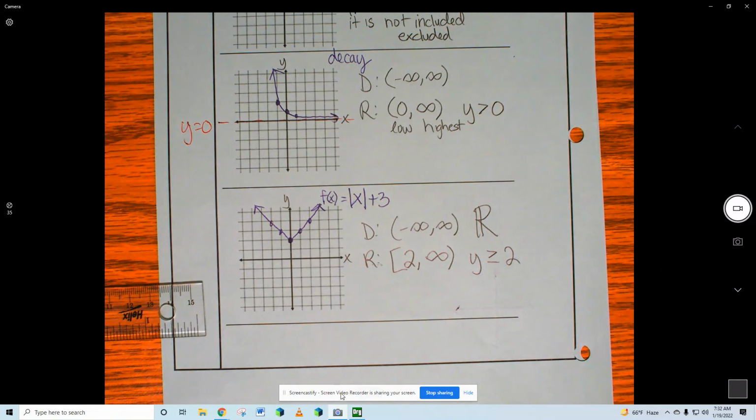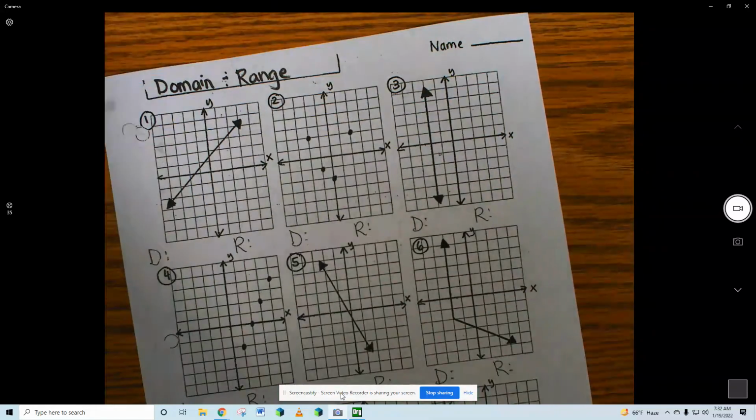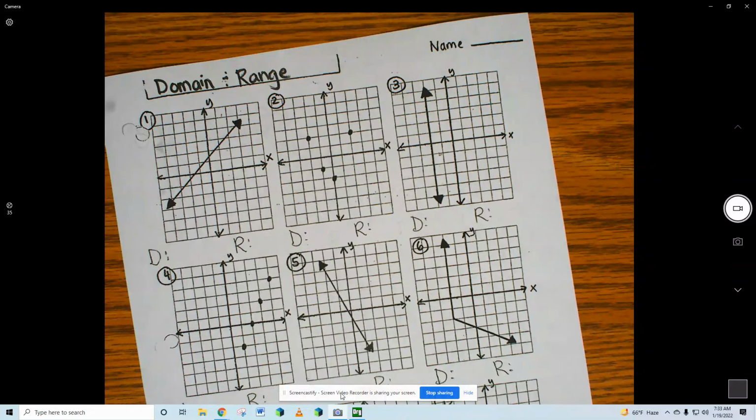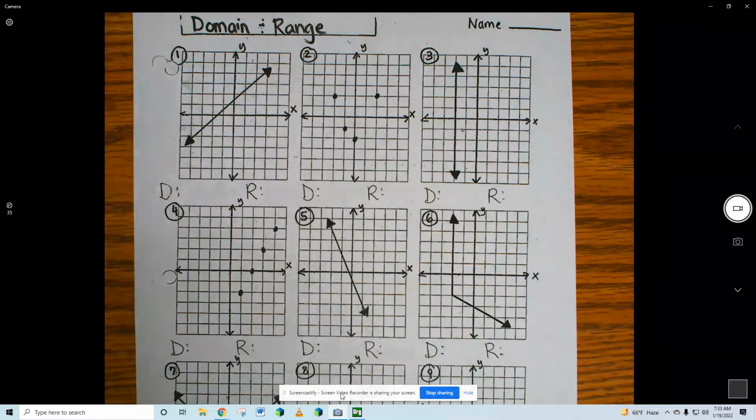Okay, here's the homework page. It's two-sided. It has 18 problems. You are doing the domain and range for each one. And some of the domains and ranges are going to be kind of weird. Like, let's look at number 6.